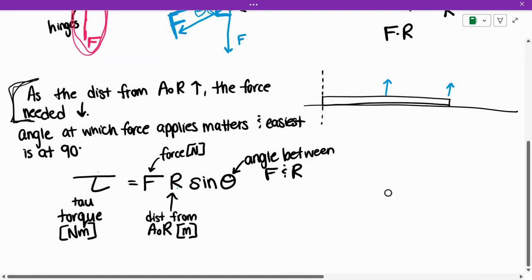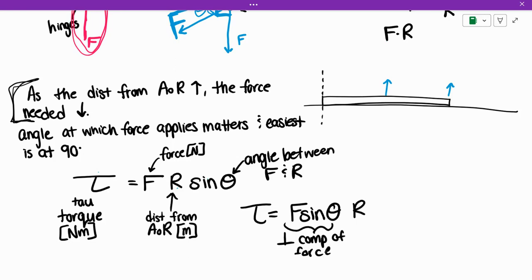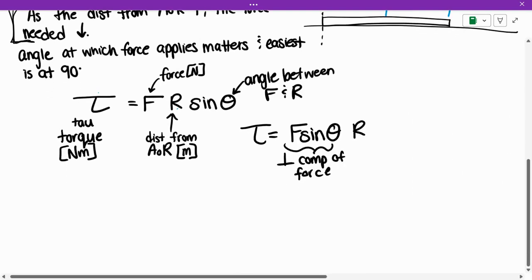Okay. Now, the way that this torque equation can be read is we can either think of F sine theta times R, where this is the perpendicular component of the force, which is usually what we use. We talk about the perpendicular component of the force.